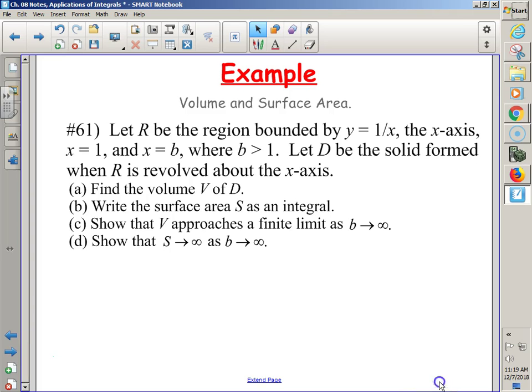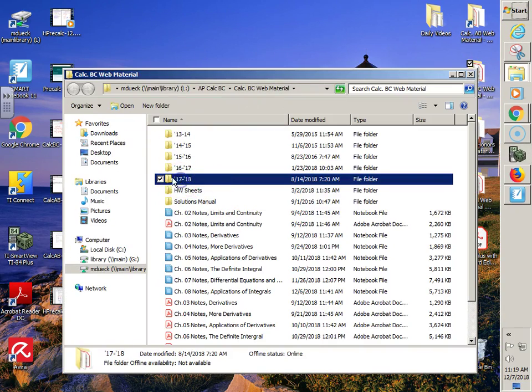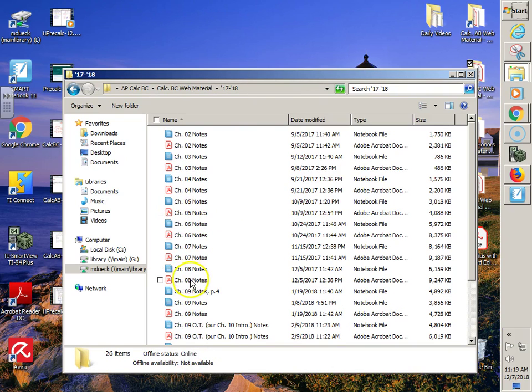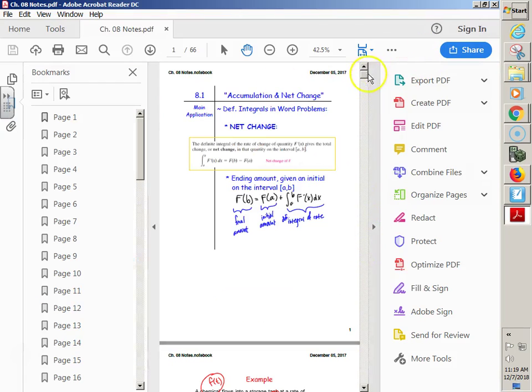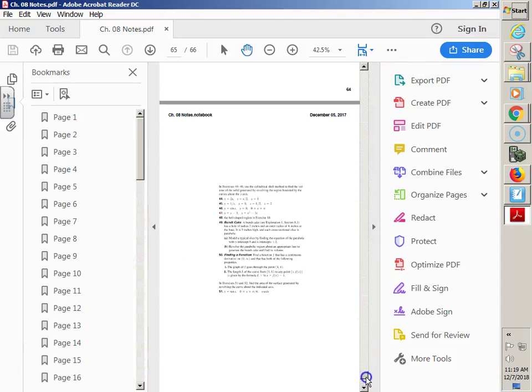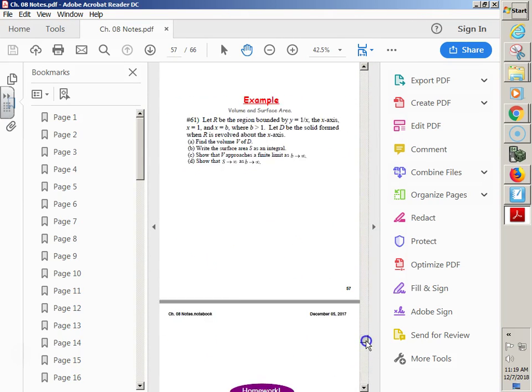For the problem you guys were working on at the beginning of class, let me go ahead and pull up notes. Let me see if I have it. For the one on the board from yesterday, I had to do a half and a half and a half.